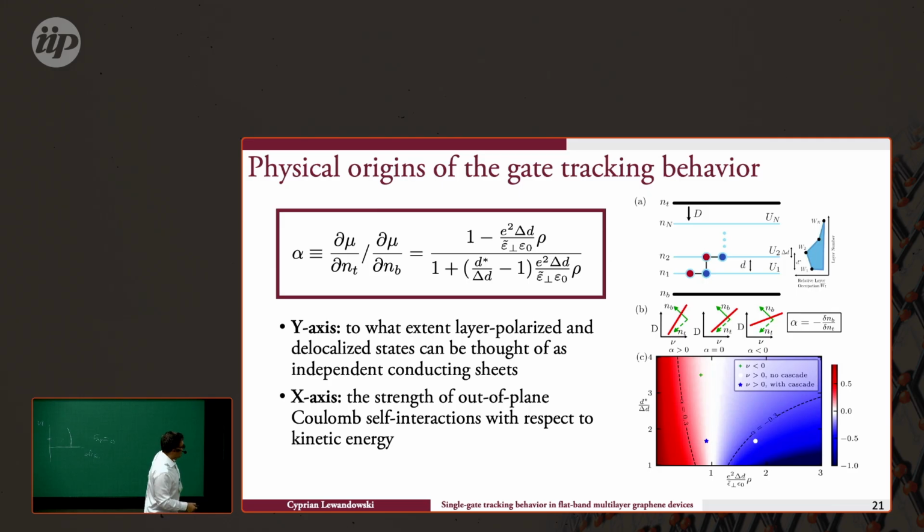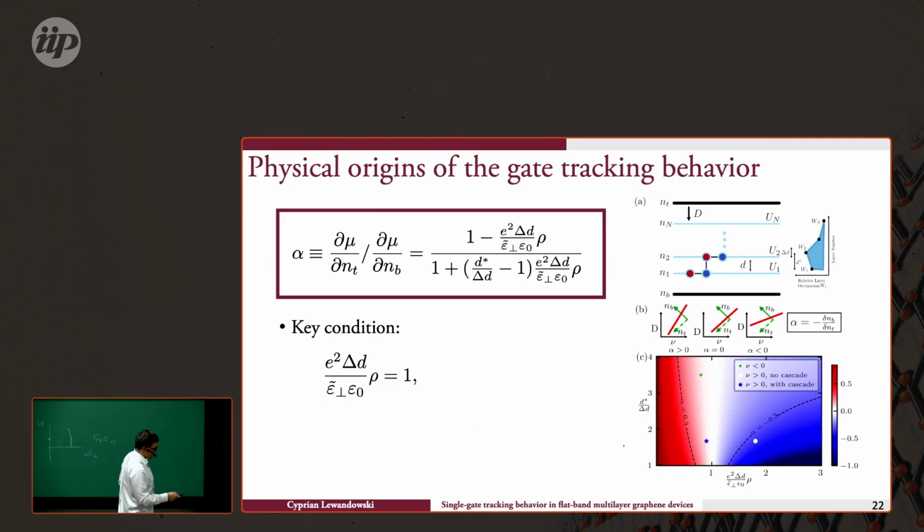So what I would like to show you is that the key condition when I'm going through the alpha 0 region, which is this one, this is perfect gate tracking. It occurs when this condition is satisfied. And when alpha is negative, which is not perfectly gate tracking, it's over screening, it's actually corresponding to the negative alpha.